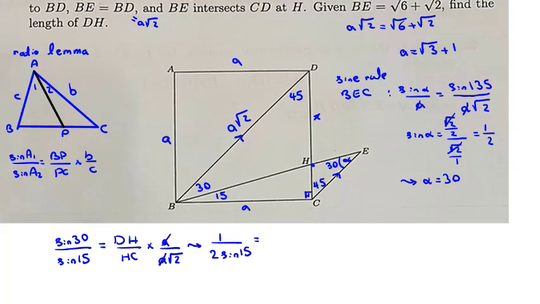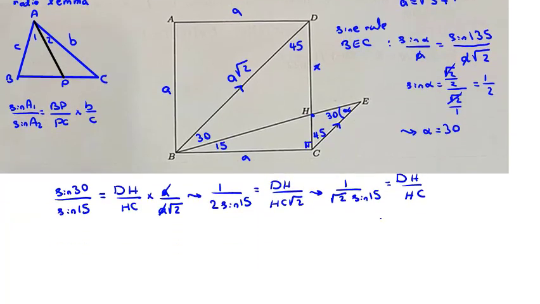We can cancel these two. So it will be DH over HC root 2. If I multiply both sides by root 2, then root 2 times root 2, it will be root 2 sine 15 equal to DH over HC.